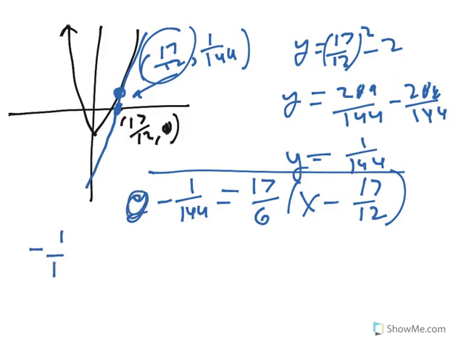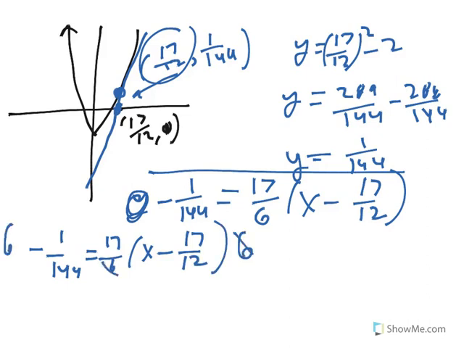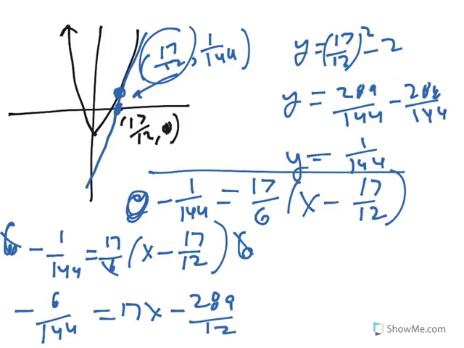We get minus 1 over 144 equals 17 over 6 times x minus 17 over 12. Personally, I'd multiply both sides by 6 to cancel these out. Minus 6 over 144 is equal to 17x minus 289 over 12.